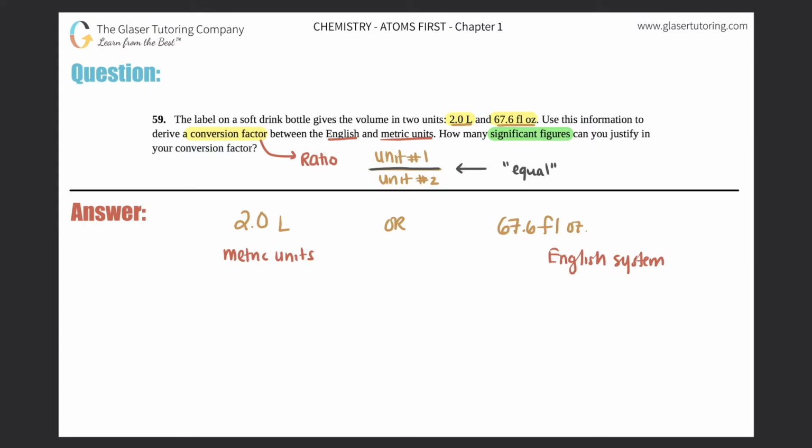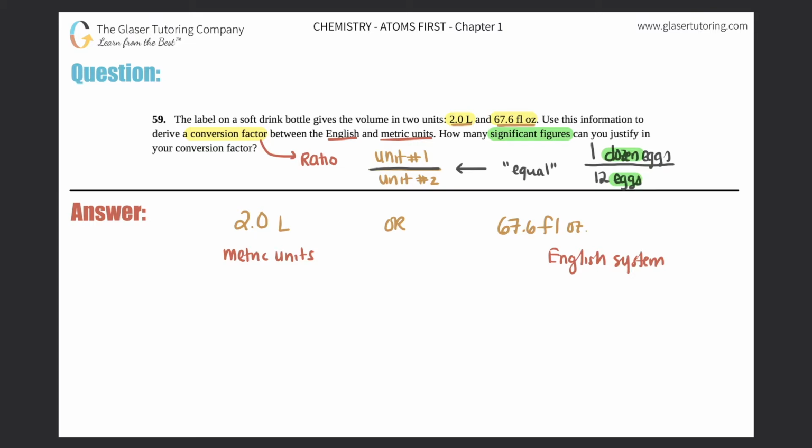So 1 unit and its amount is equal to another unit and its amount. So for example, I could say 1 dozen eggs equals 12 eggs. You see what I did there? It's just 2 units, a dozen versus individual single eggs, 1 and 12.